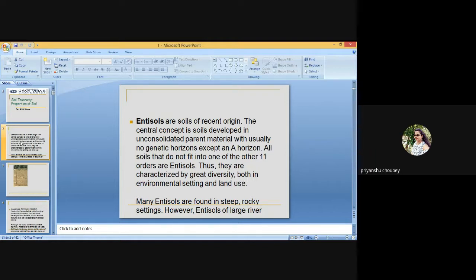Family: texture, mineralogy class, and temperature regime, in order, are added to the subgroup to coin the family name. Series are named after a town, village, river, or geographic name near where they were first recognized, like Jalandhar series and Nabi Bagh series.